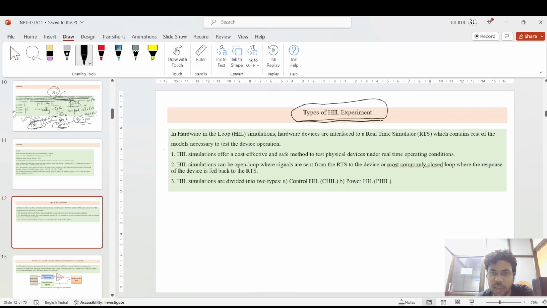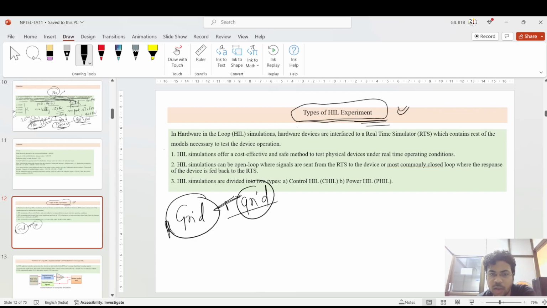Okay, so coming to the most important topic, the types of HIL experiment. There are multiple case studies depicted in the slides and the lectures, but you have to understand what is actually the HIL and this CHIL or the PHIL. What I told initially is that you have a grid and multiple interconnected systems in between.